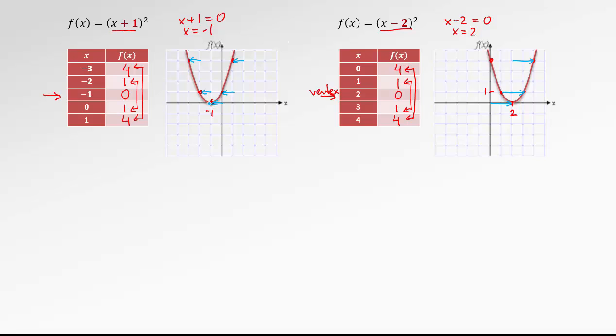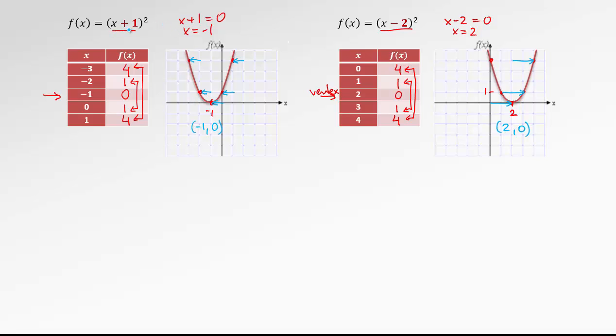Well, let's notice that the vertex in this case has coordinates -1, 0, and in that case 2, 0. We can observe that the first coordinates of our vertices are exactly opposite to the numbers in the bracket, aren't they? Remember on the previous slide when we added or subtracted something outside of the function, the second coordinate of the vertex was changed, and it was exactly the number that we added or subtracted.